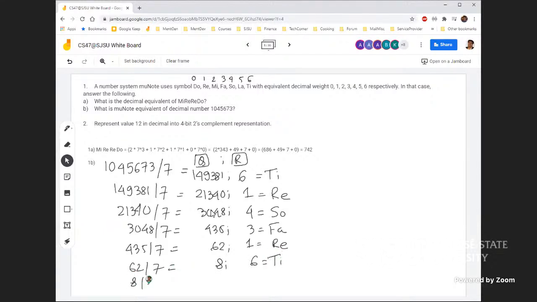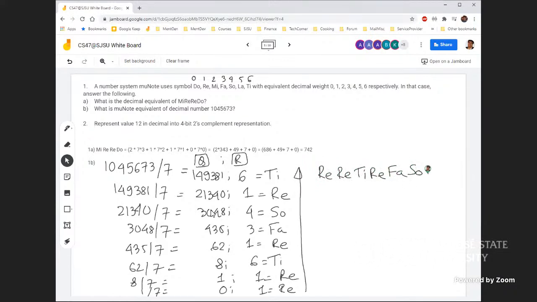Then 8 divided by 7, quotient 1 and remainder 1, which is Re, and 1 divided by 7, quotient 0, remainder 1, which is Re. So we now write it from down to up, and the answer would be Re, Re, Ti, Re, Fa, So, Re, Ti.